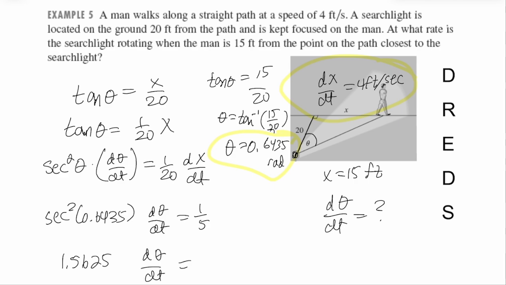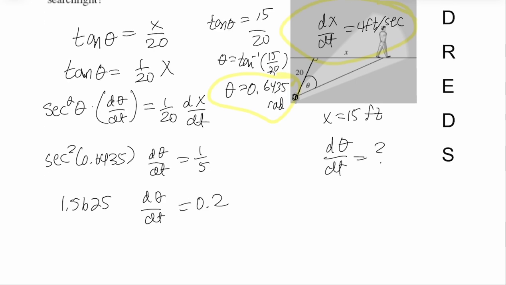So 0.2 divided by 1.5625: d theta dt is changing at a rate of 0.128 radians per second.